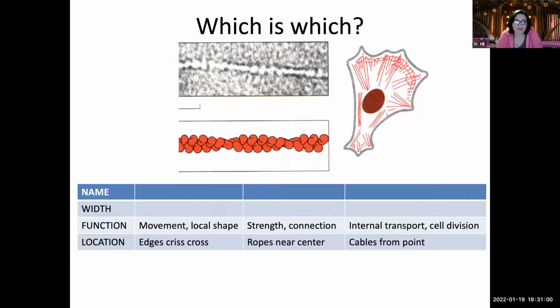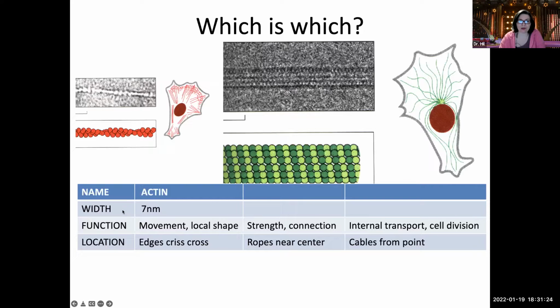Give you a second to all weigh in on what you think is being depicted here. So this is the microfilaments, also known as actin, and it is 7 to 8 nanometers wide. Okay, so that's the smallest one.